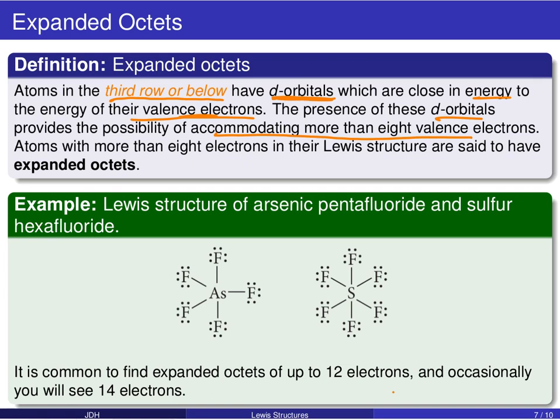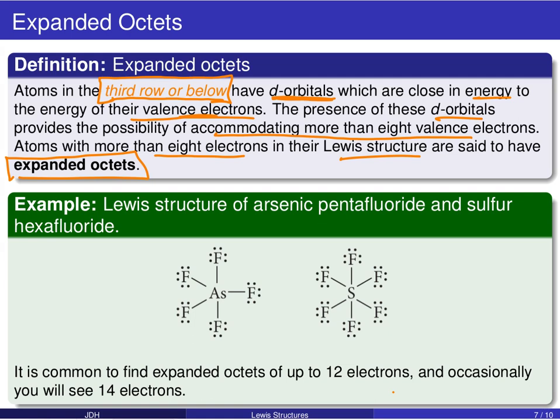around those atoms. Okay? And anytime you have an atom with more than 8 electrons in its Lewis structure, we call that an expanded octet. And I want you to remember, this can only happen if you're in the third row or below, because you need those close in energy d orbitals in order for this to be energetically viable.